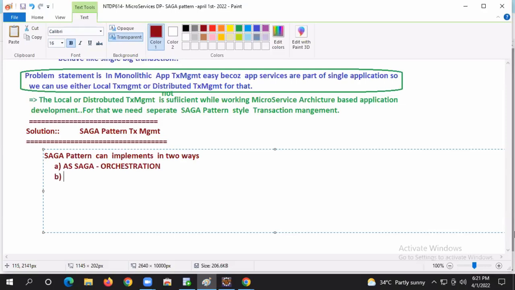Orchestration, guys. Number two, as SAGA choreography. What is the other one we are having, guys?